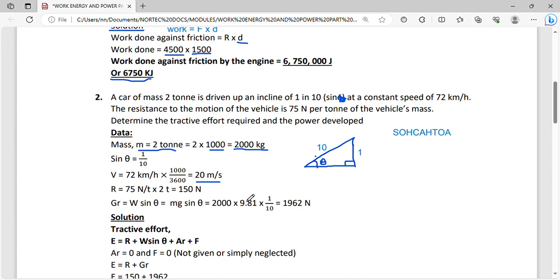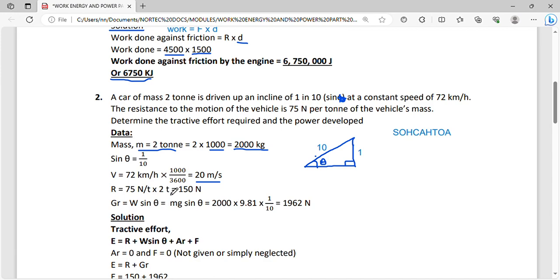Excellent, thank you. The next one is saying the resistance to the motion of the vehicle is 75 newtons per ton, and we have two tons. So all we do is multiply that 75 newtons per ton by the 2.